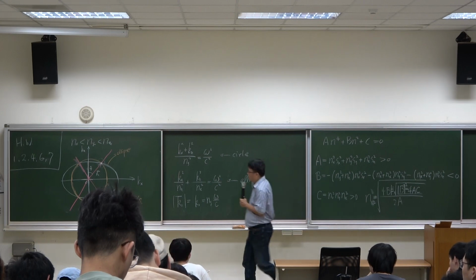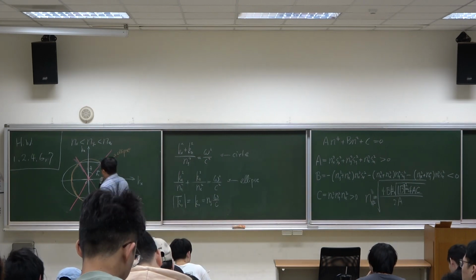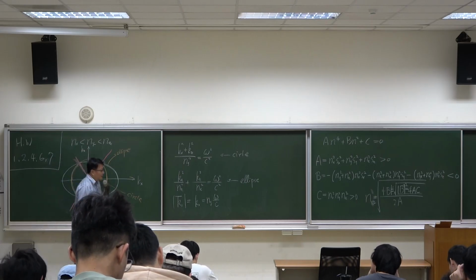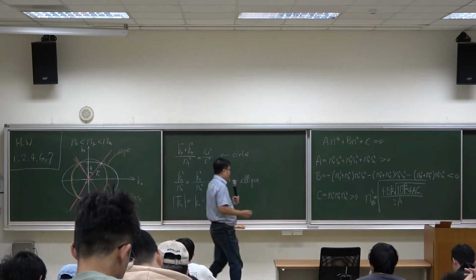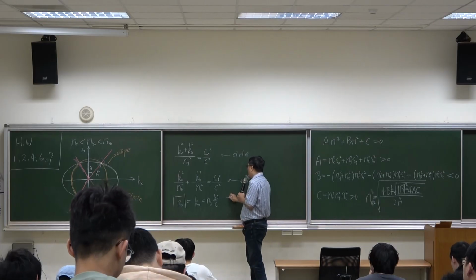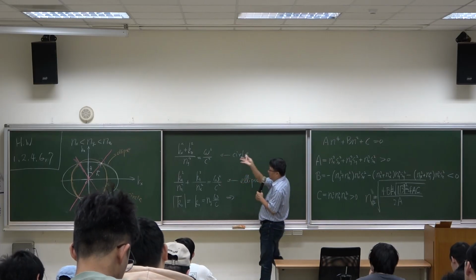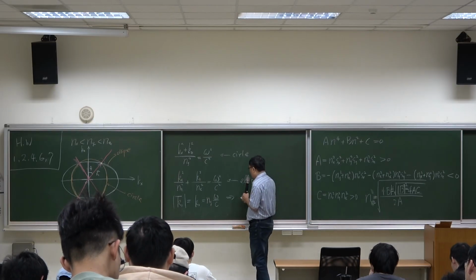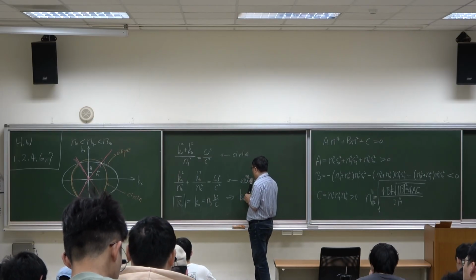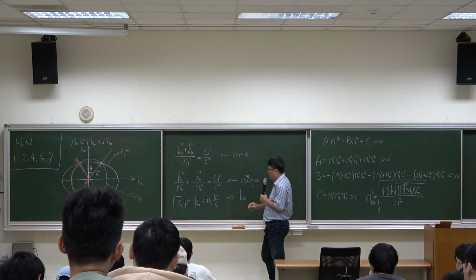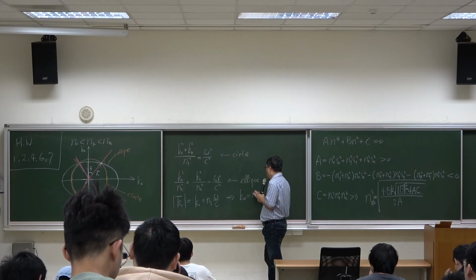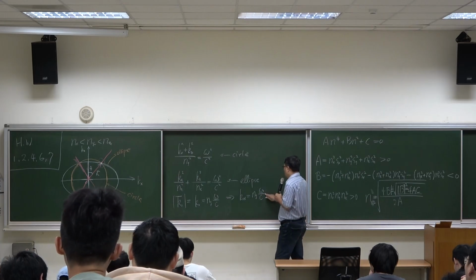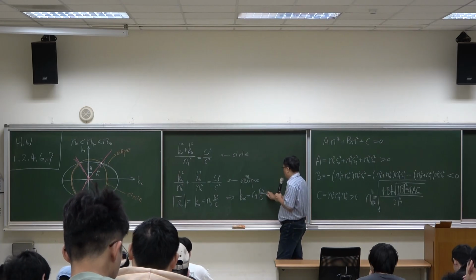Okay. So suppose the angle between K0 and the z-axis is theta. So we can find the x component and the z component of this K0 vector. The x component of K0 vector is equal to ny omega over c times sine theta.